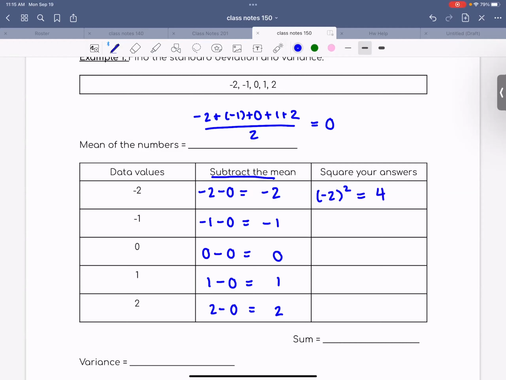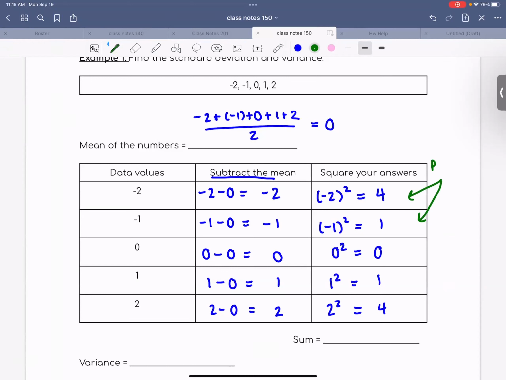So 4, -1 squared is +1. 0 squared is 0. 1 squared is 1. 2 squared is 4. Now in your notes, if you didn't understand the squaring to be positive, just make a note for yourself that the answers in these columns have to be positive.